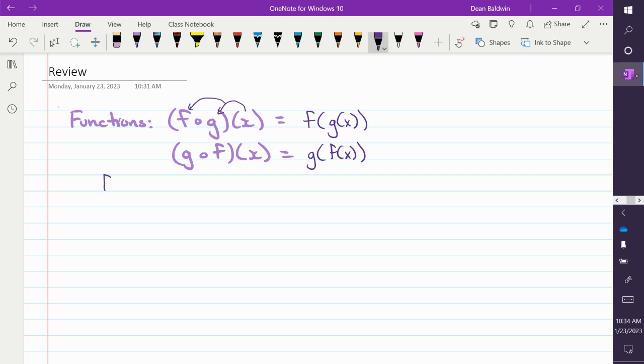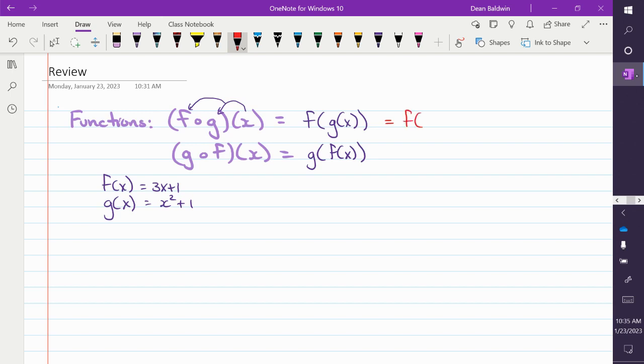So if I say, we'll make this easy, f of x is 3x plus 1, and g of x is x squared plus 1. We're going to do both. So g of x is x squared plus 1.